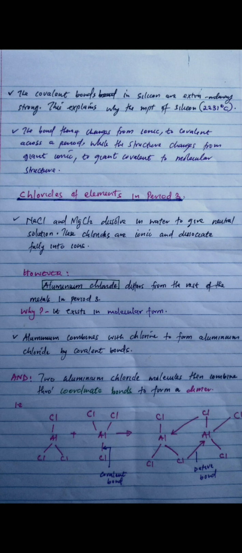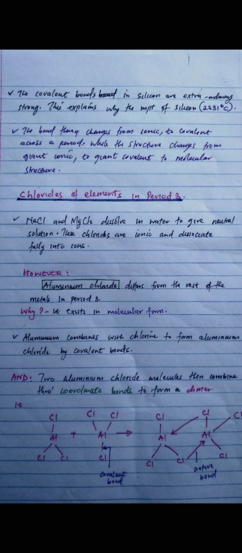The reason is that it exists in a molecular form, in as much as it's a metal. Aluminium combines with chlorine to form aluminium chloride by covalent bonds, and 2 aluminium chloride molecules then combine through a coordinate bond to form a dimer. The equation below illustrates how that happens.